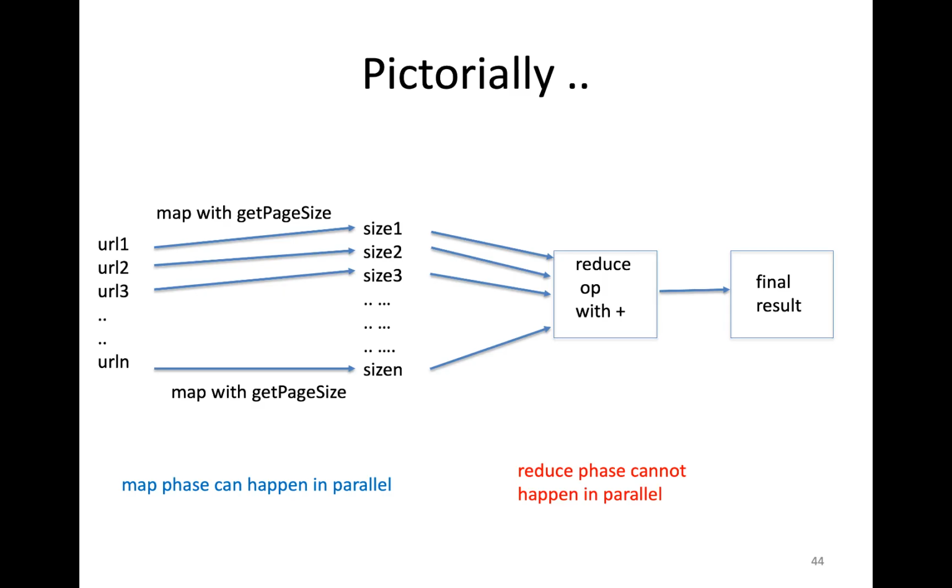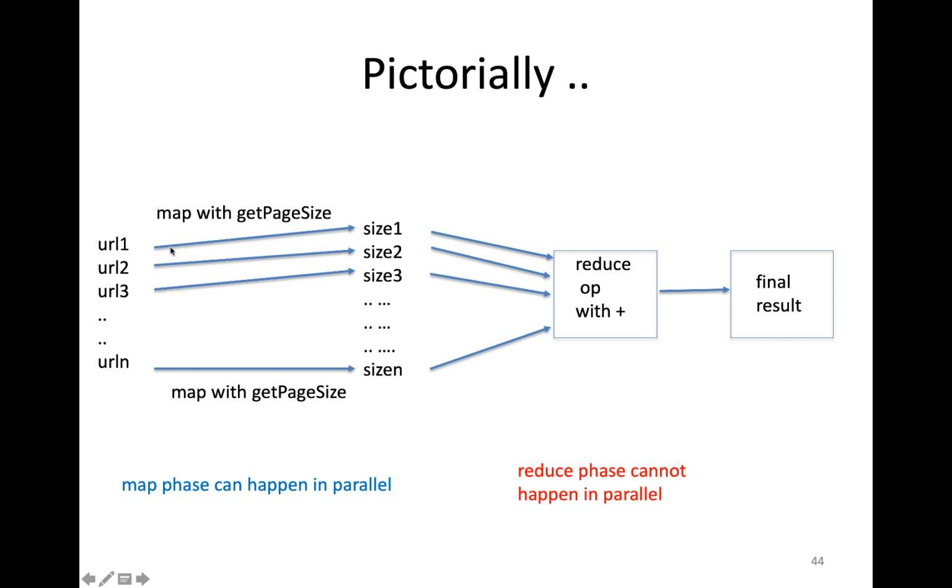So this is the pictorial view of doing a similar thing on n number of URLs. This is the list of URLs which we want to download, and we want to get the total size of all URLs as the final result. So what are the different phases?